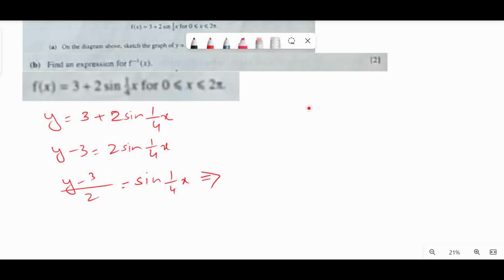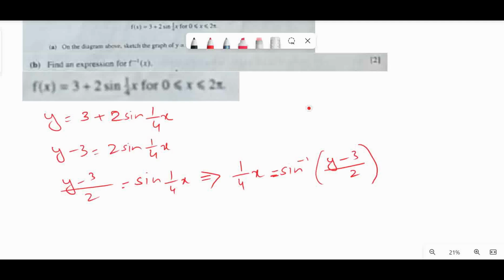So finally we can rearrange it like this: 1 by 4 x equals sine inverse of y minus 3, whole divided by 2.